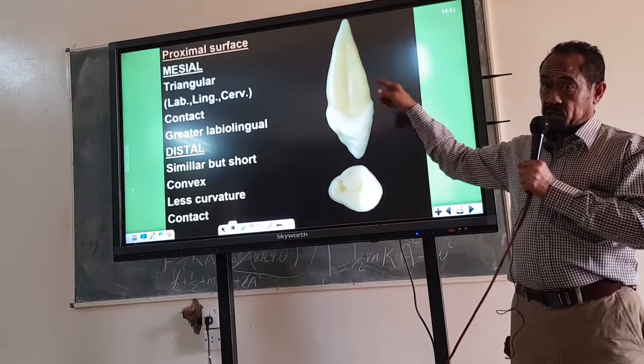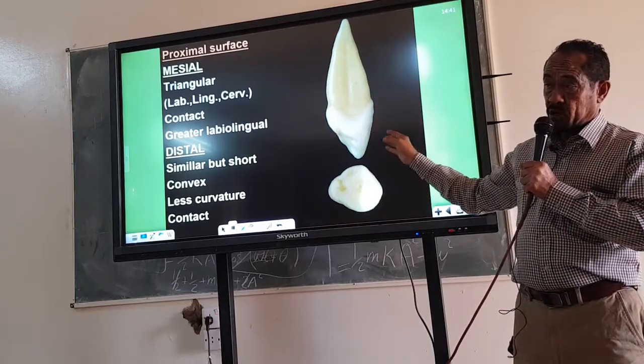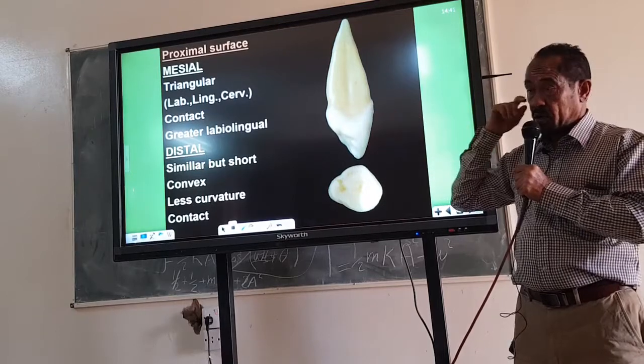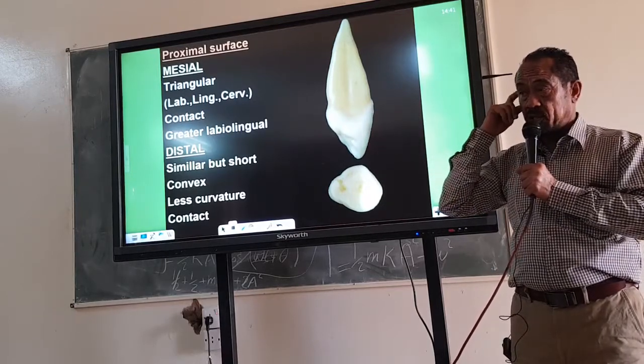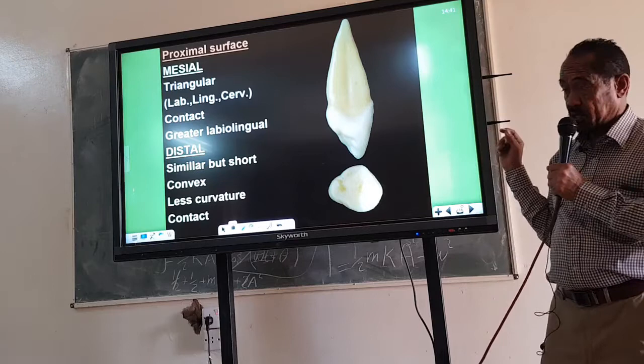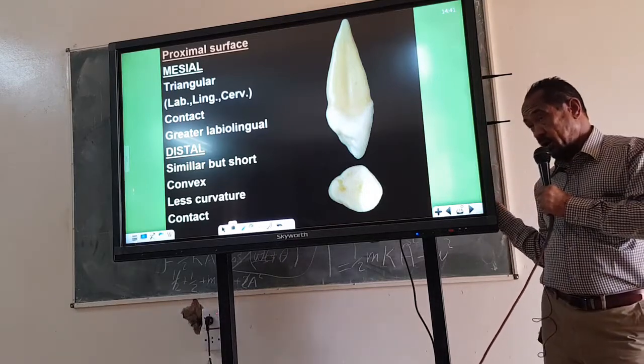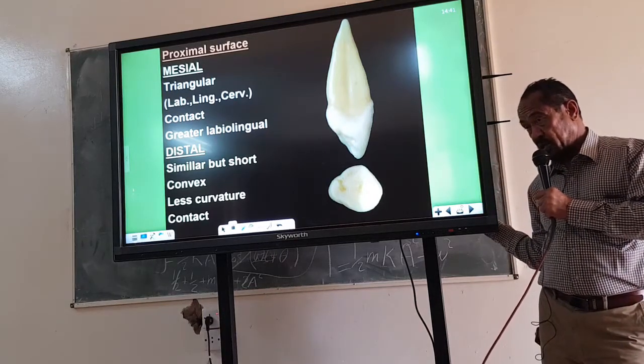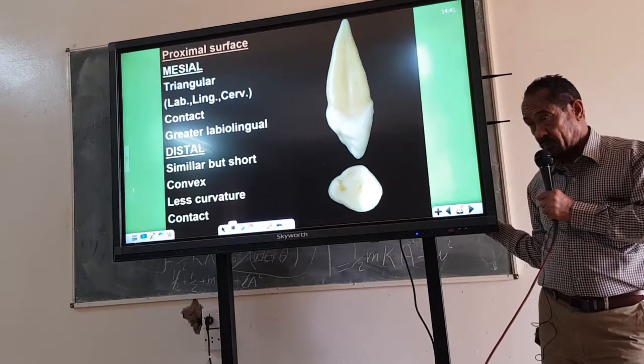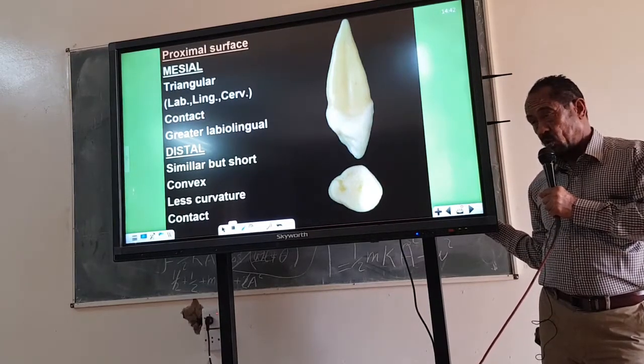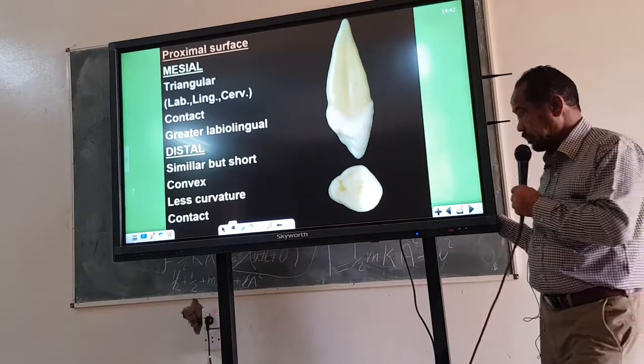Otherwise the same description: cervical line, concave, labial S-shaped, lingual contact. All of the description which we had on the incisor is here again on the mesial and distal surfaces of the canine, except that the canine is wider labiolingually.